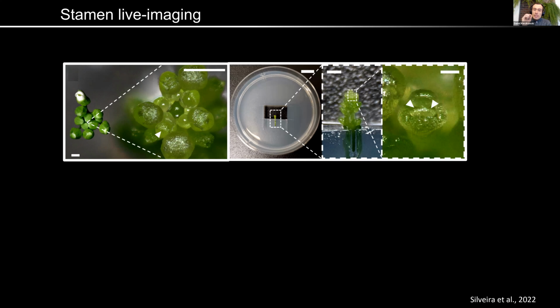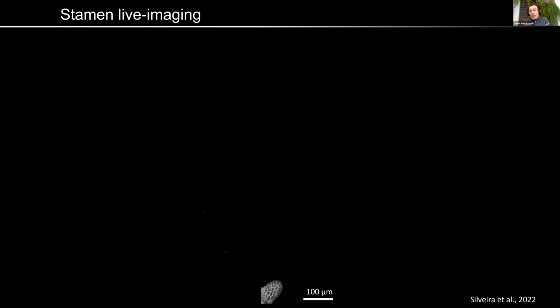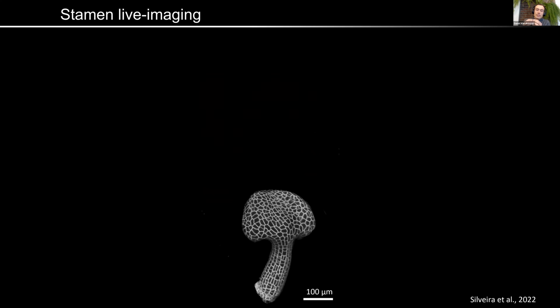She's very gently removing the abaxial sepal, uncovering the initiating stamen primordia, and now we are able to follow the growth of those organs with confocal microscope. Here you can see that we can now follow the development of this organ from its very early initiation, basically a very tiny primordium, until the final shape of the stamen is fully developed.